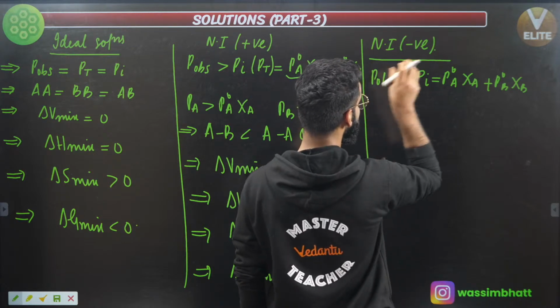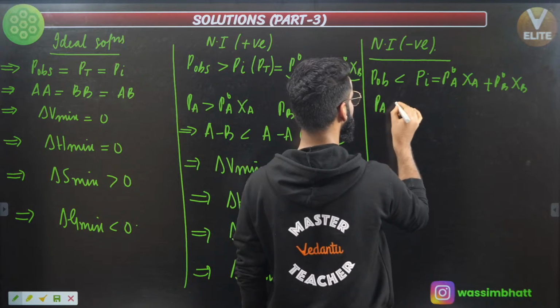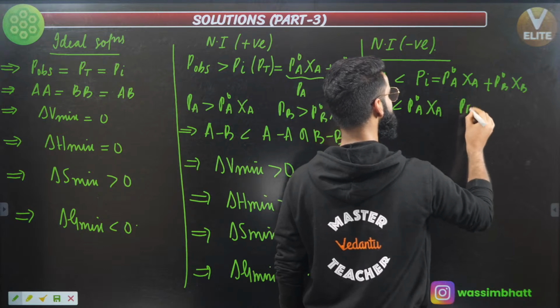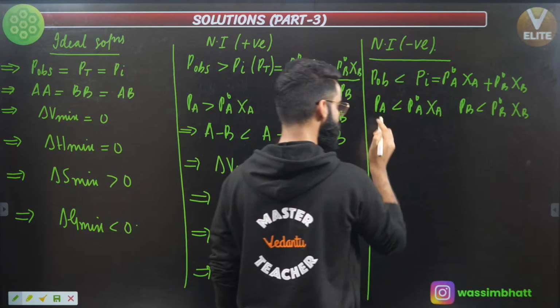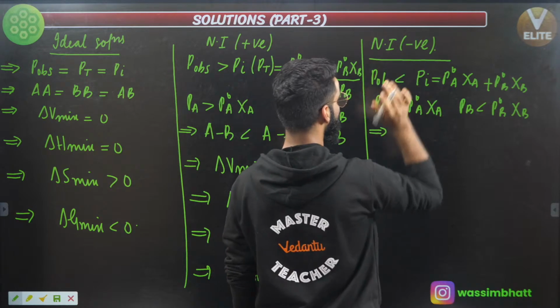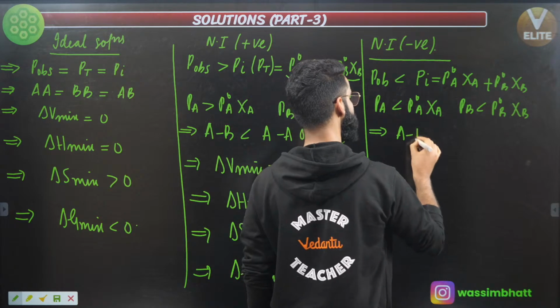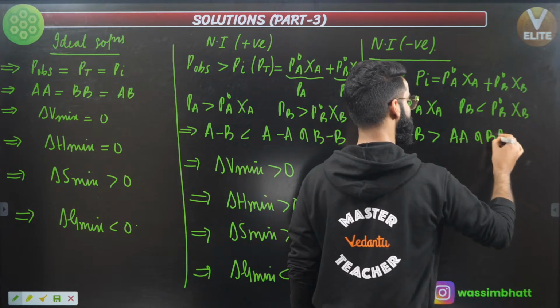Point number two. When can the actual vapor pressure of the solution be less than expected? When PA will be less than P naught A chi A, when PB will be less than P naught B chi B. Yeah? And at the same time, since we are talking about the solution showing negative deviation, AB interactions are more than that of AA interactions and BB interactions, right?